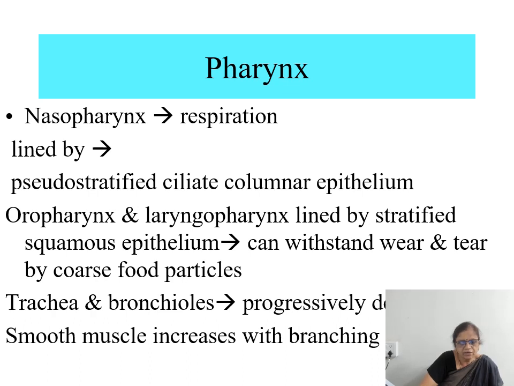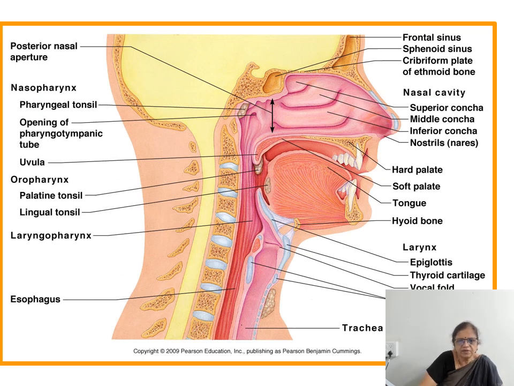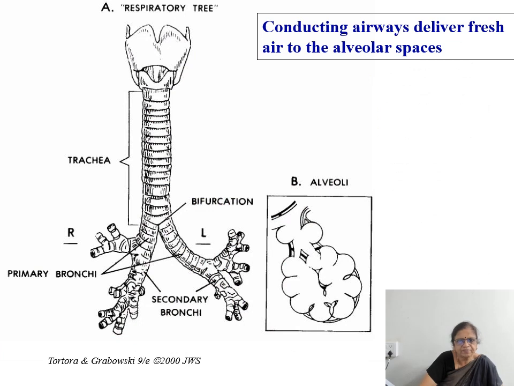When we are swallowing food, the epiglottis closes the upper part of the larynx and prevents entry of food into the larynx, preventing choking, which is a complicated process. So this is briefly about the anatomy of the nose, pharynx and larynx.